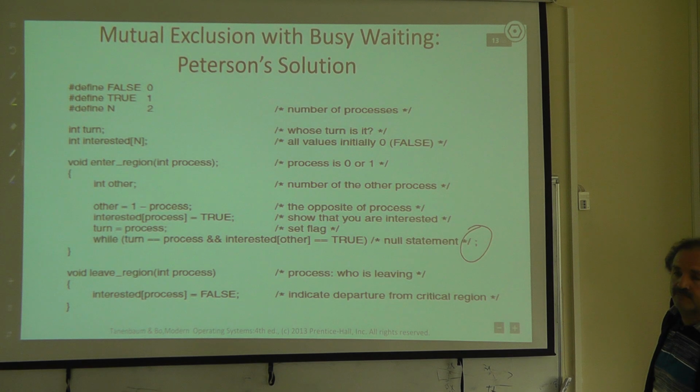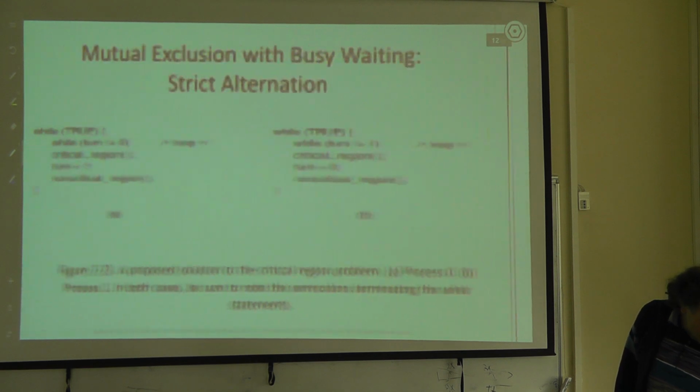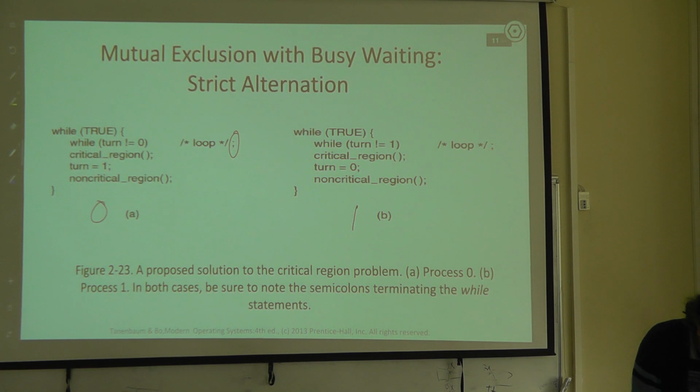There is an array. Previously we had only turn. There was a global integer turn, and what is the initial value of turn? 0. 0 or 1 doesn't matter. If it is 0, then process 0 will go first. If it is 1, process 1 will go first.